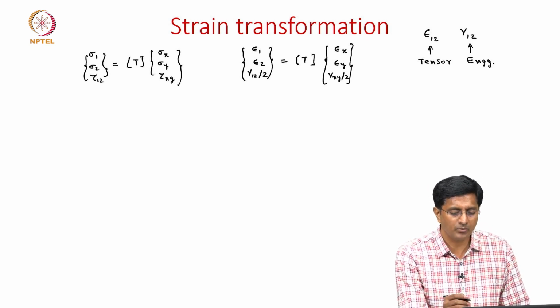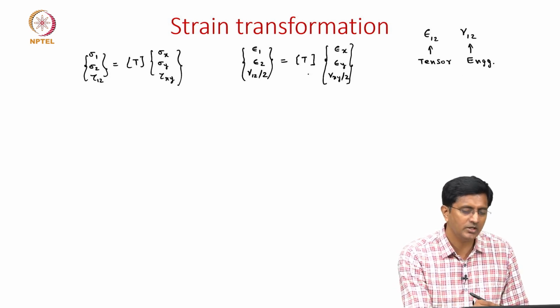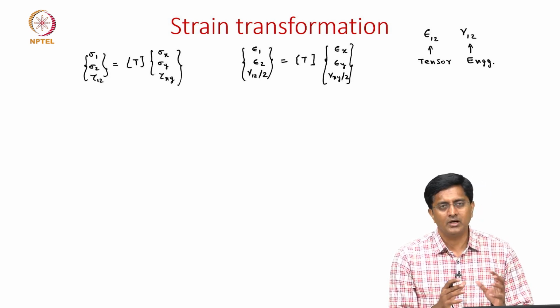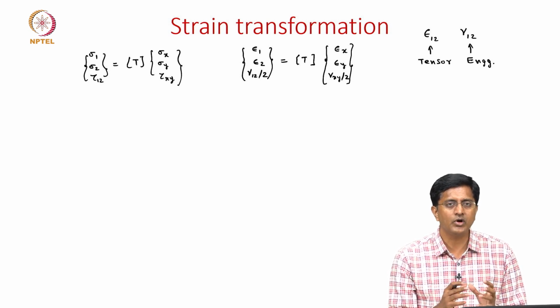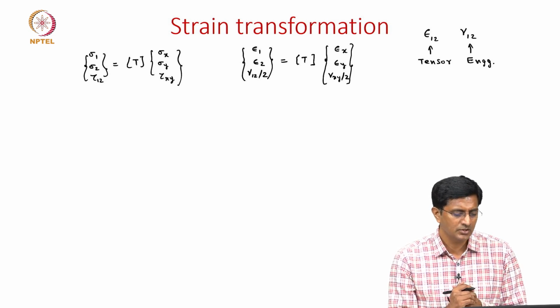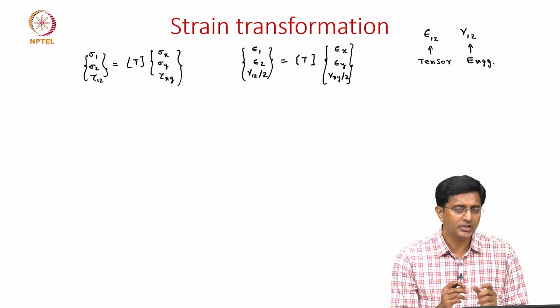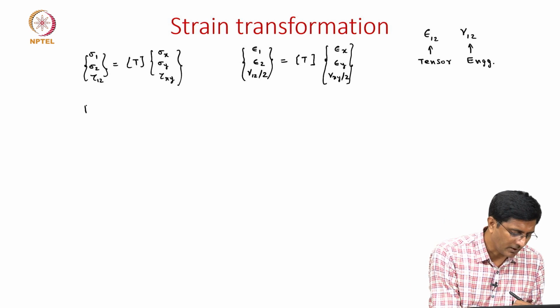So, we resolve this problem by writing in terms of tensor strains, while still using the transformation matrix T. But we have got used to using these engineering strains gamma xy and gamma 12, and that is what we have been using when we defined the stress-strain or strain-stress relations. So, we should find a way where we can still use simply gamma 12 without the half. To do that, we introduce a new matrix called Reuter's transformation matrix.